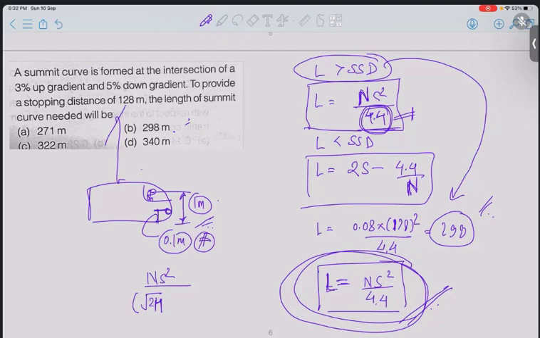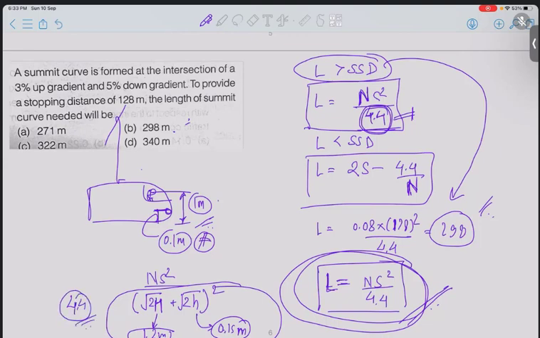So it is under root 2 into the eye height of the driver plus under root 2 into the headlight height of the car, and then square. Conventionally, we assume that the eye height of the driver is 1.2 meter and the headlight height of the car is 0.15 meter. And when you do that, you get the denominator close to 4.4.